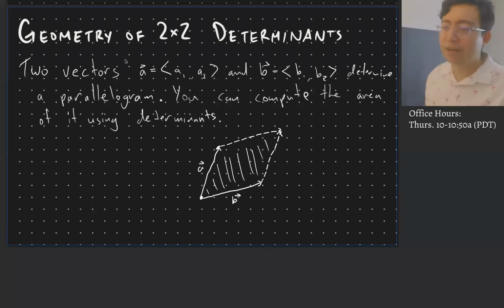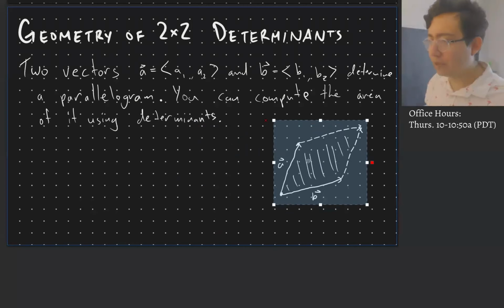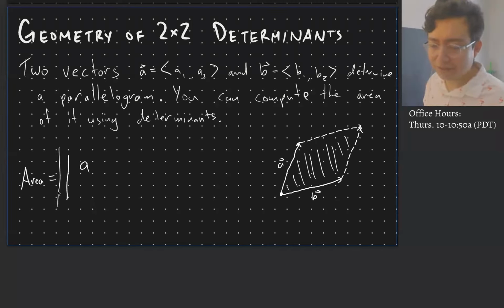So it's easier to use determinants in this case. So basically, the area of this parallelogram is going to be the determinant of, I should say maybe the absolute value of, oh gosh, that's ugly.